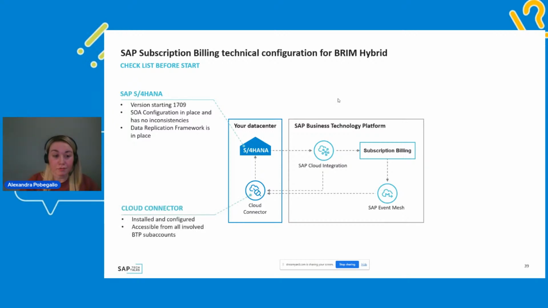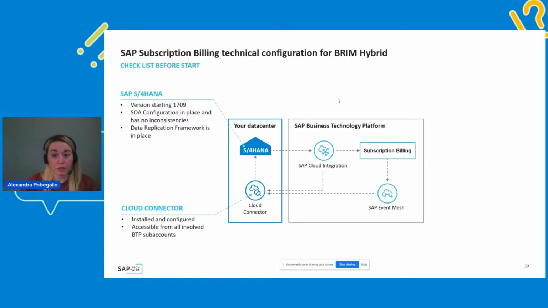Your cloud connector must, of course, be installed and configured, and all the BTP subaccounts are supposed to be accessible from your cloud connector. Why is it plural? Why not only one BTP account? SAP has different subscription types, and you can have, for example, SAP Cloud Integration as a pay-as-you-go subscription, so you pay only for what you use and how much you use.